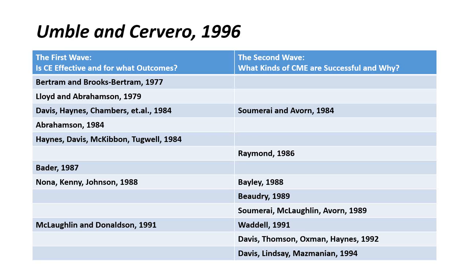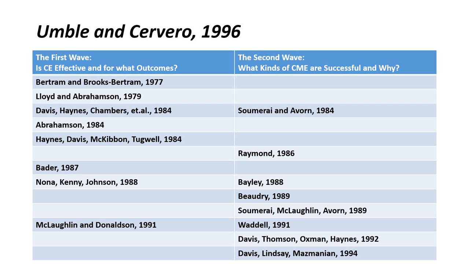So for example, Bertram and Brooks-Bertram in 1977, the title of their article was The Evaluation of Continuing Medical Education, a Literature Review. Davis, Haynes, Chambers et al., 1984: The Impact of CME, a Methodological Review of Continuing Medical Education Literature.